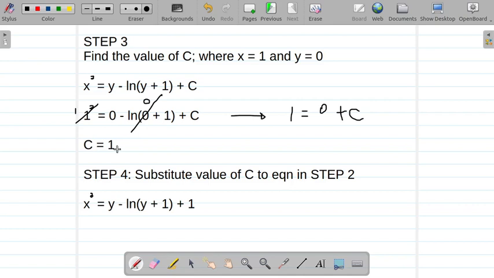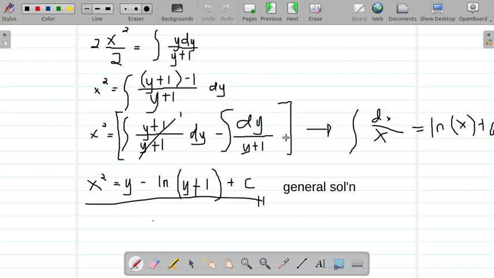Then, we substitute the value of c into the equation we got from step 2, which is our general solution. So, we substitute here in x squared is equal to y minus ln of y plus 1 plus c, where c is equal to 1.